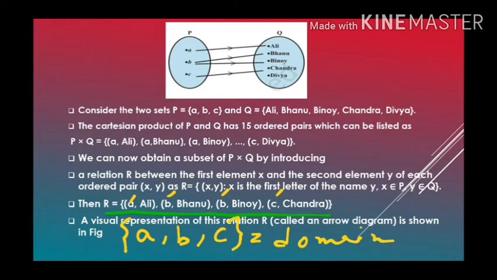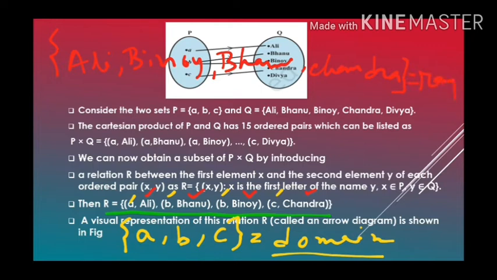The collection of first elements of the ordered pairs is called the domain of the relation, whereas if you collect the second elements Ali, Bhanu, Binay, Chanda, they will form the set range of the relation. Okay, this will be the range of the relation.